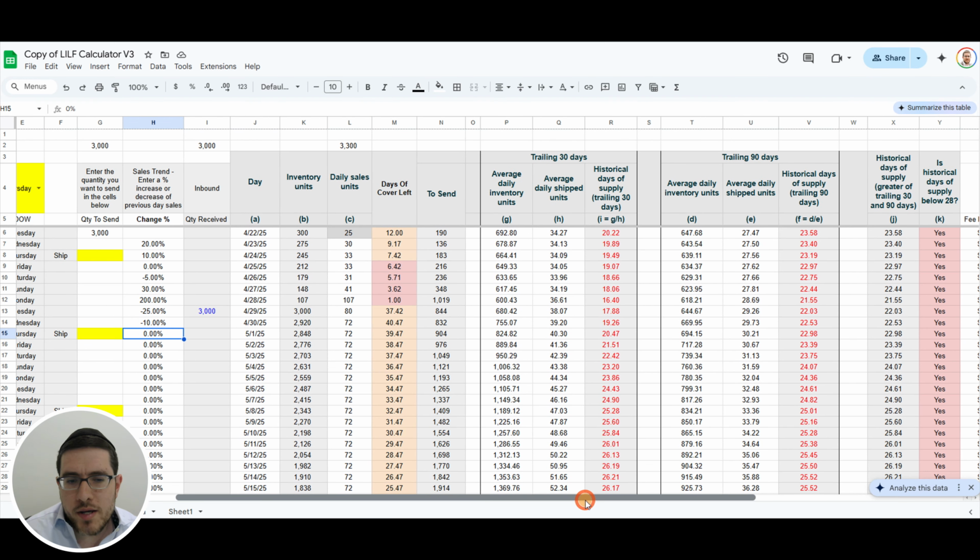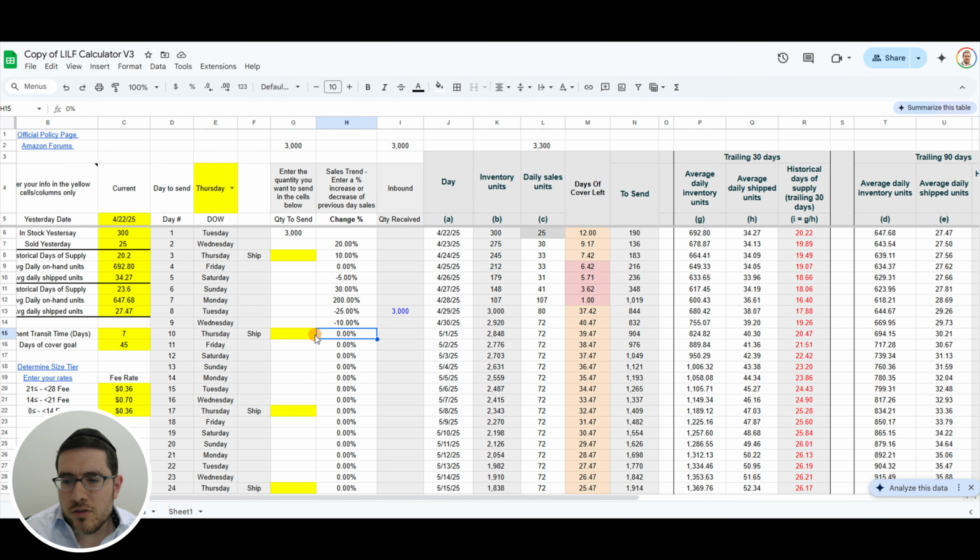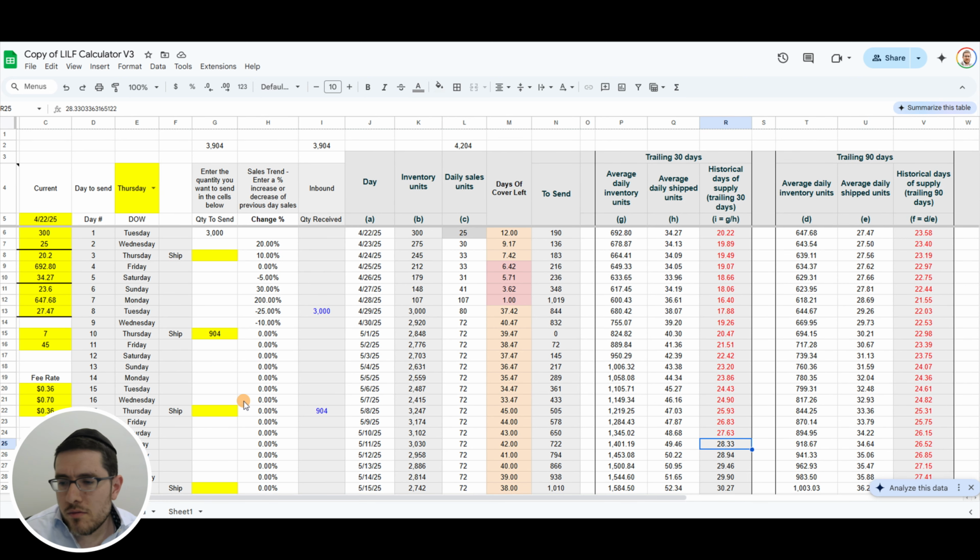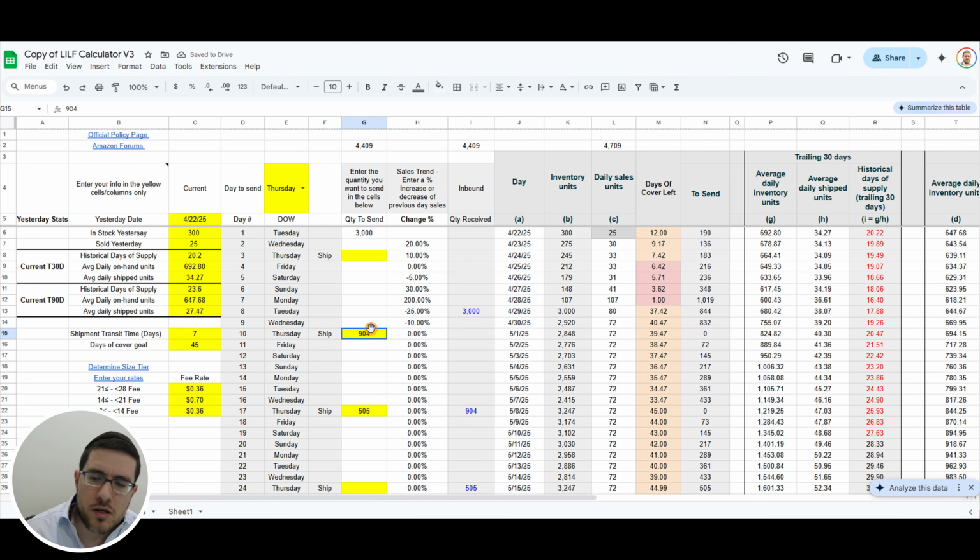And you'll see here right now you're paying the fee, and you should send at least 904 if you want to get days of cover 45. And if you do that, then by the 11th, within less than 2 weeks, you will stop paying the fee. And it will tell you how much to continue sending, and so on and so forth. So it's useful for when you're paying the fee to simulate very quickly how to stop paying the fee.